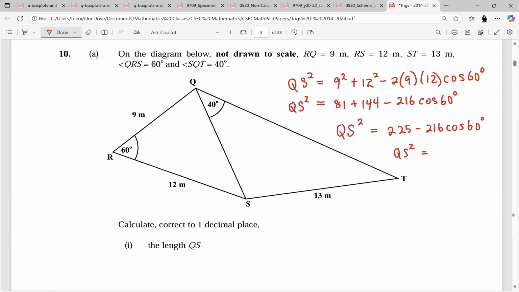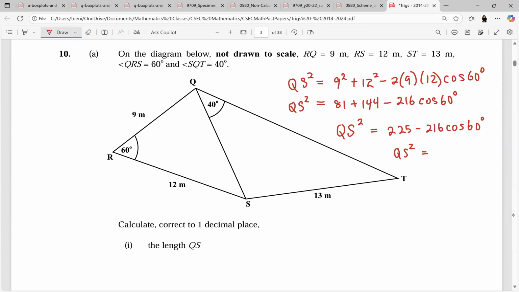No, babe, you can't work out this part like that, because 216 cos of 60 is one whole thing. You know how you could have 5 plus 3x, this would just be 5 plus 3x. You cannot add 5 to 3 because 3 is the coefficient of x. It's as though 216 is the coefficient of cos 60, so 216 is part of that whole term.